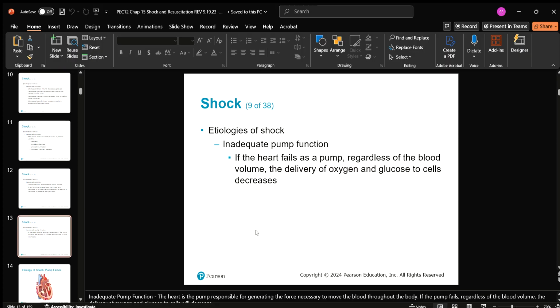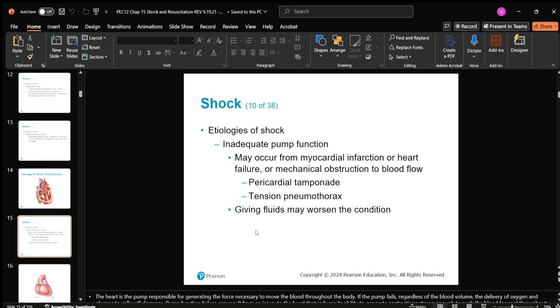All right, so we talked about volume. Now we're going to talk about the pump being the heart. Okay, so it doesn't matter how much fluid we have in our body. If our heart is failing, it's not going to be functional, or our patient's going to go into shock. All right, so why does this occur?